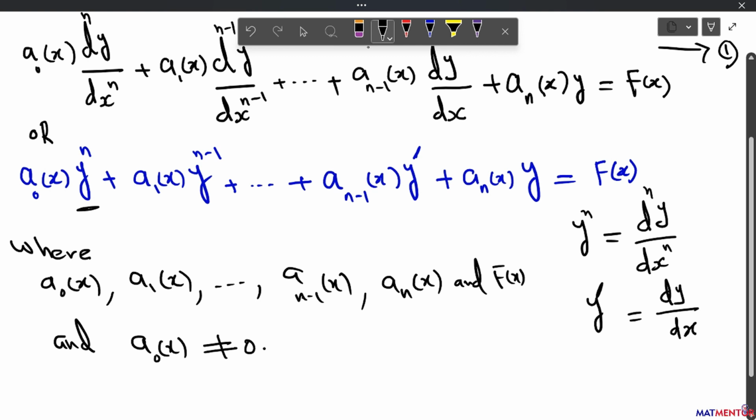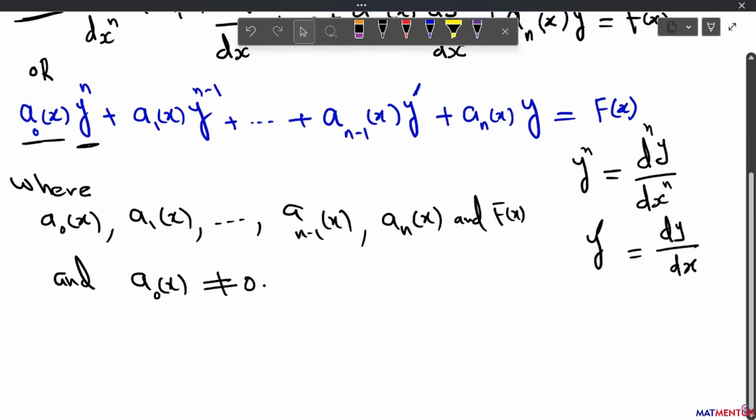This is important, because if a0 of x is equal to 0, then the order of this differential equation will go down. Then the order will decrease. So this is the reason that a0 of x is not equal to 0.